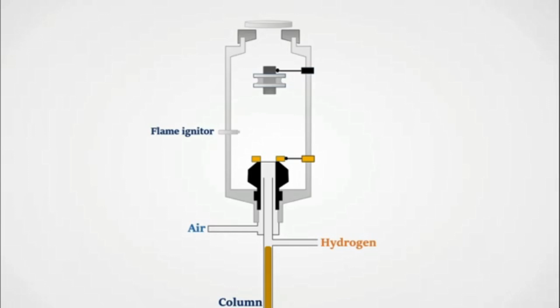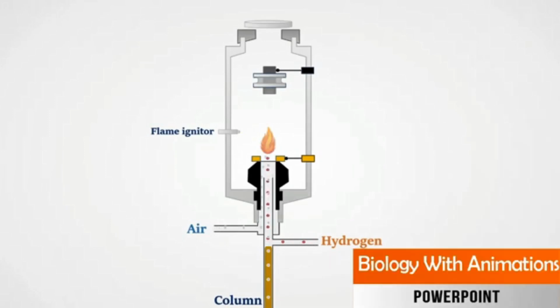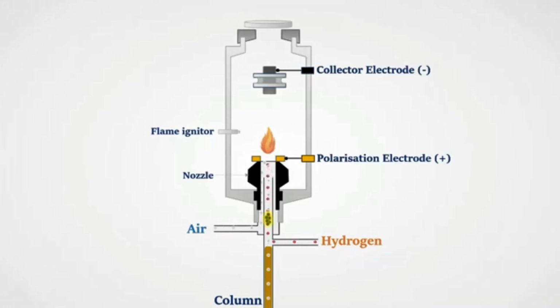The operation of the flame ionization detector is based on the detection of ions formed during combustion of organic compounds in a flame, which generated by hydrogen and air. To detect these ions, two electrodes are used to provide a potential difference. The positive electrode doubles as the nozzle head where the flame is produced. The other, negative electrode, is positioned above the flame. When an organic compound is mixed within the hydrogen flame, mainly carbon ions are generated. And a current is produced between the electrodes proportionally to the amount of organic compound present.